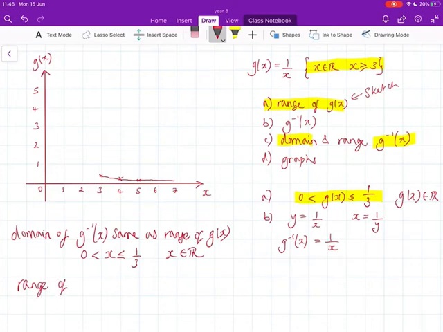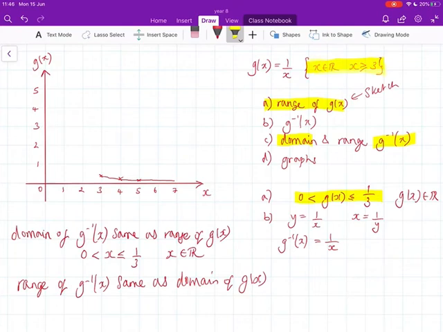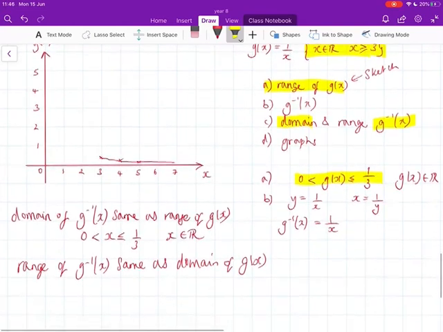And then we've also been asked to find the range of the inverse, and the range of the inverse will be the same as the domain of the original function. And if we look back, the original function had the domain here.